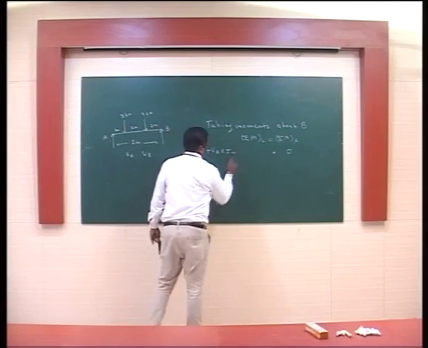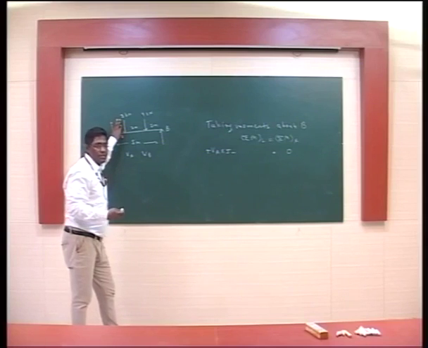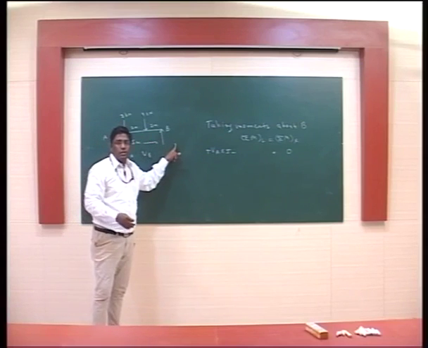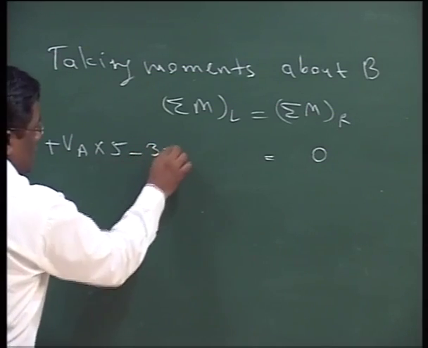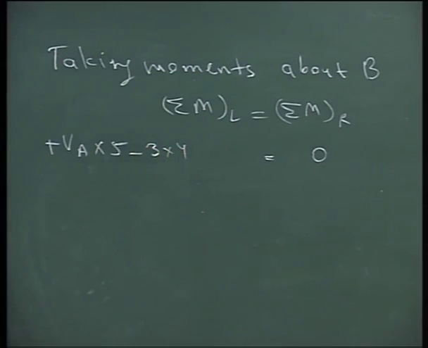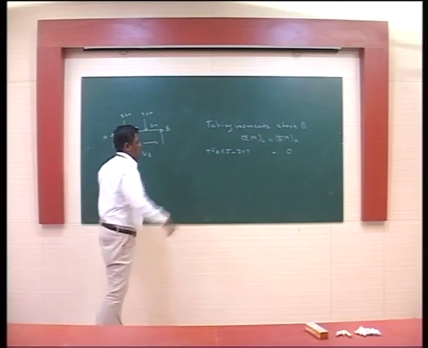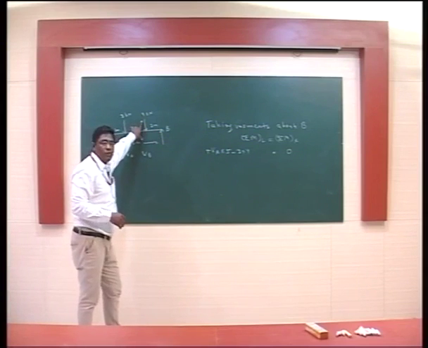Now 3 kilonewton is on the downward side. So from our sign convention, the bending moment caused by 3 kilonewton at point B will also be on the negative side. So 3 into, now the distance which we can see is that 3 kilonewton is situated at 2 plus 2, 4 meter away from B. So it means 3 into 4. The third one will be force 4 kilonewton.